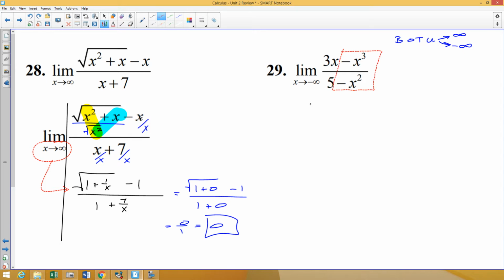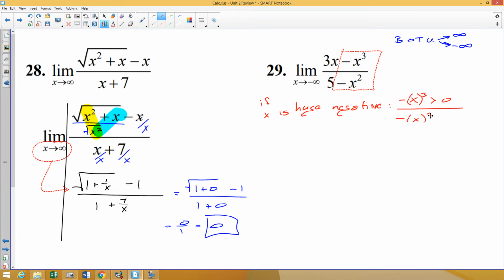And if I plug in a huge negative number, so if x is a huge negative, then what I have is negative x cubed, and if I plug a big negative number into that, that will end up being positive over a negative x squared.